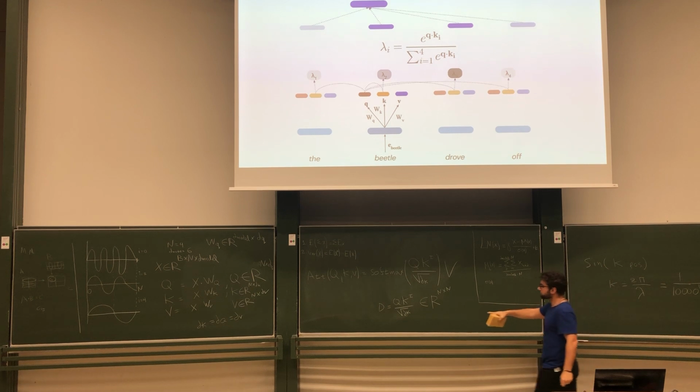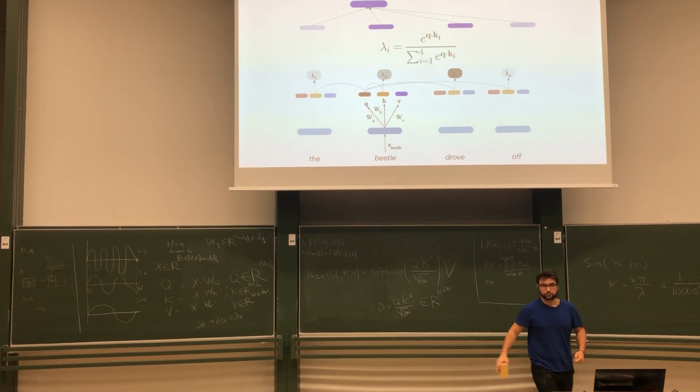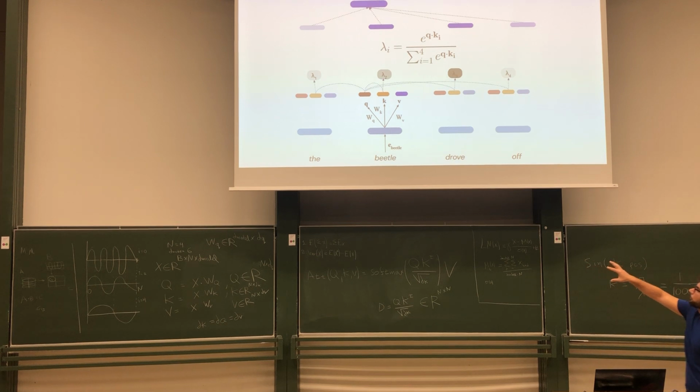And with this multiplication, we do this for all the queries in parallel. If we just see one word of reference, you see that in the denominator we have q multiplied by k_i. I think it's missing here.